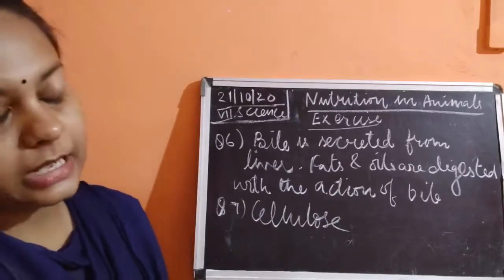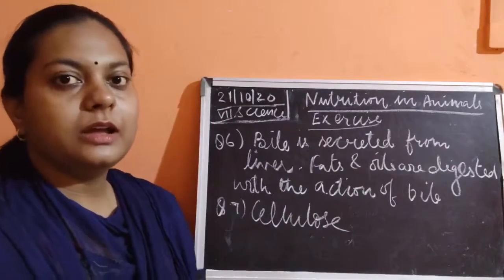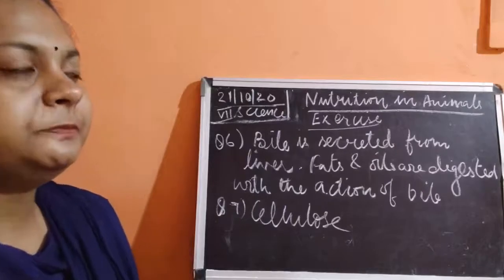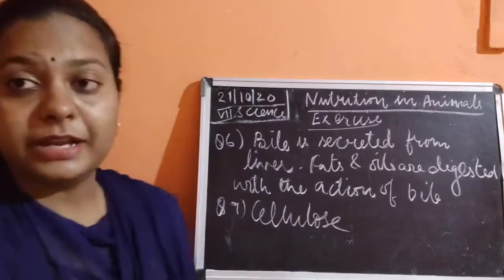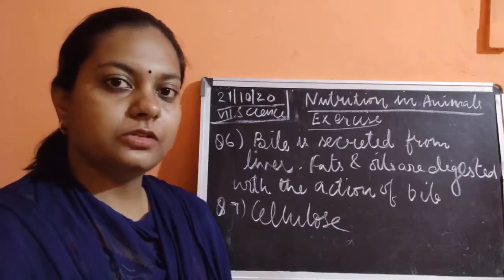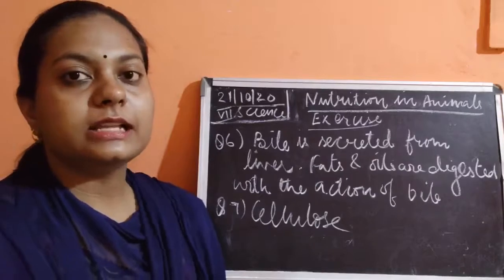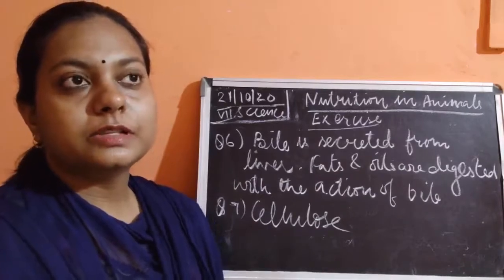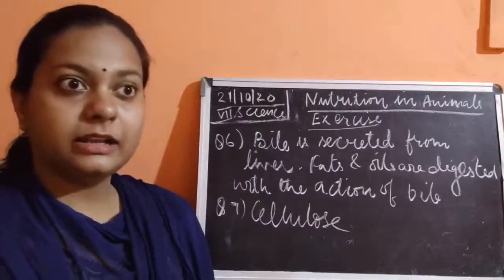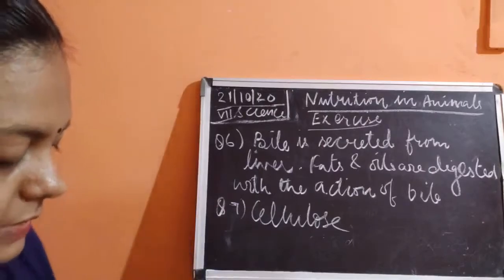They are present in the intestine of grazing animals, which have a small number of bacteria that help in the digestion of cellulose. So this was about question number 7.